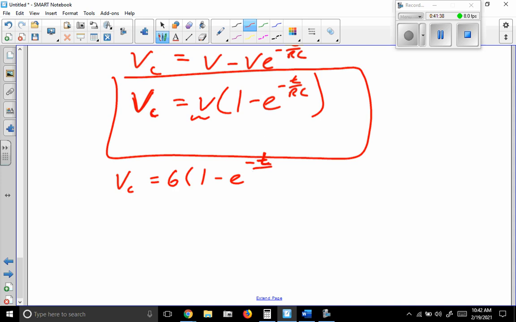R is our resistance, which was 300, and our capacitance is 10 to the negative 10. So that's our function that tells us the voltage at time t on the capacitor. So we want to find out, when is the voltage on that gate going to be 5?